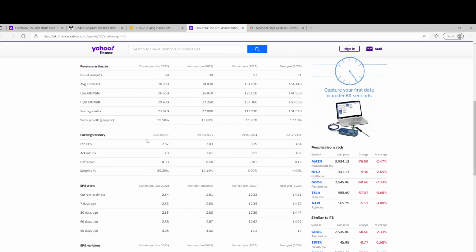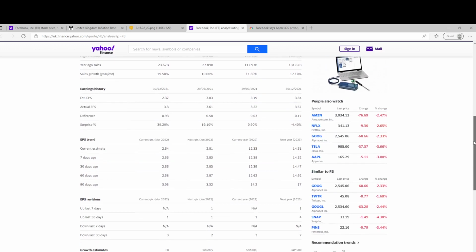This is the last year of earnings for Facebook, or that was the estimate, and then that's the actual earnings. So you can see March last year, they had quite a nice positive surprise. June, it was a bit less so. September, they were pretty much bang on the money. And then the Christmas earnings were a bit worse than expected. And then this has now come in.